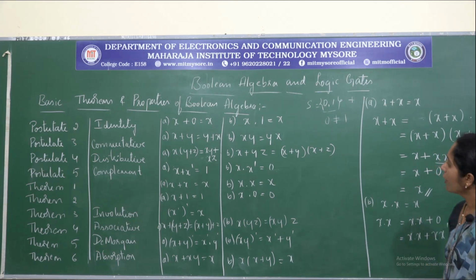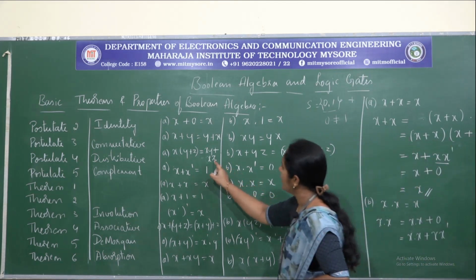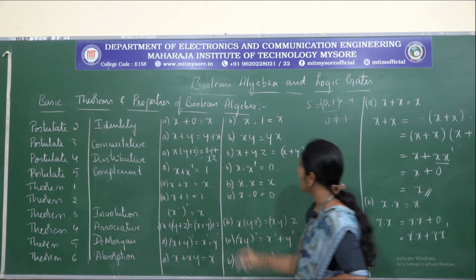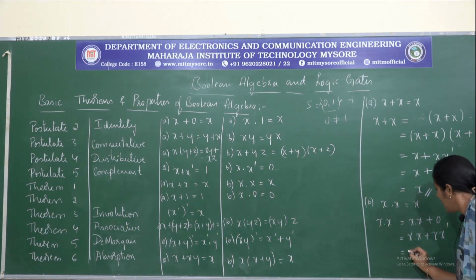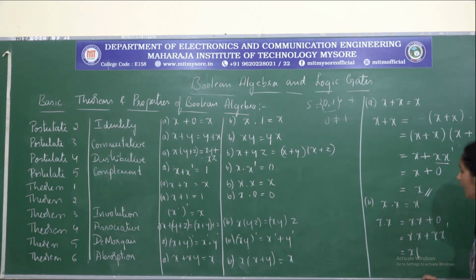Now let us consider postulate 4. We have the xy plus xz format here, which can be written as x into (y plus z).